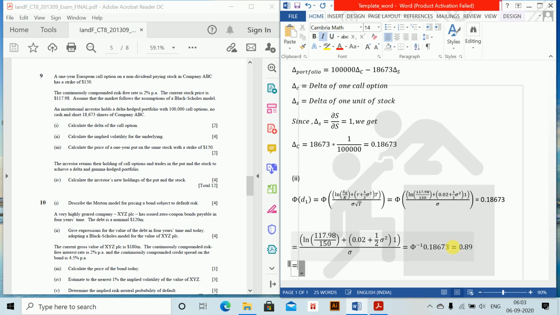Okay, now minus 0.22012 plus 1 by 2 sigma square is equal to minus 0.89 sigma.